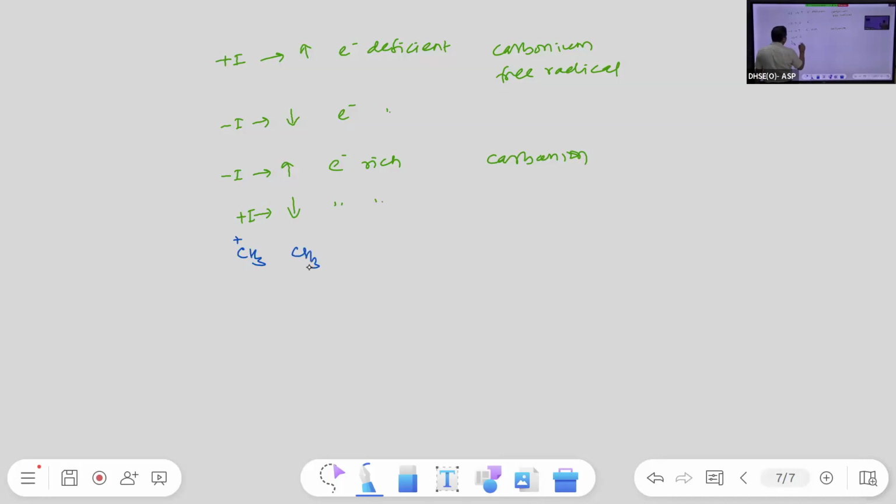Arrange the stability of these reactive intermediates.